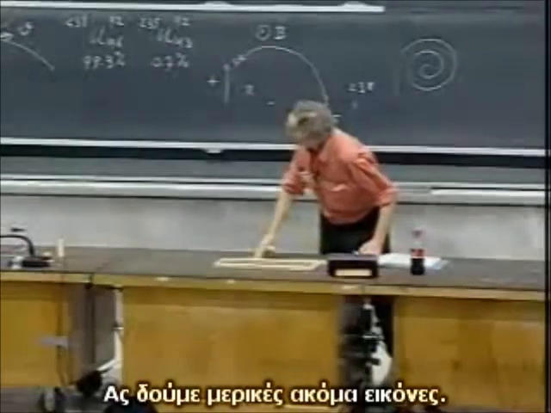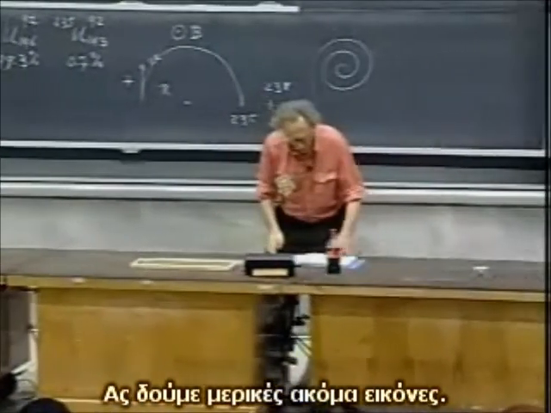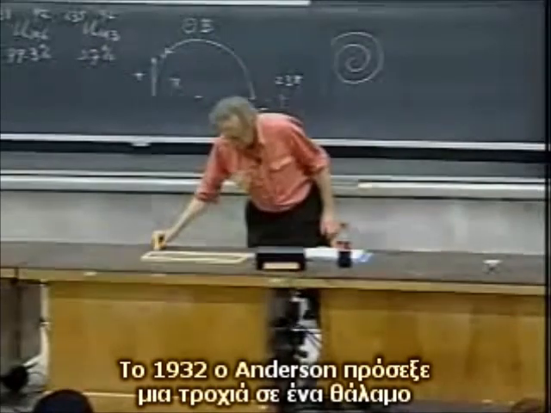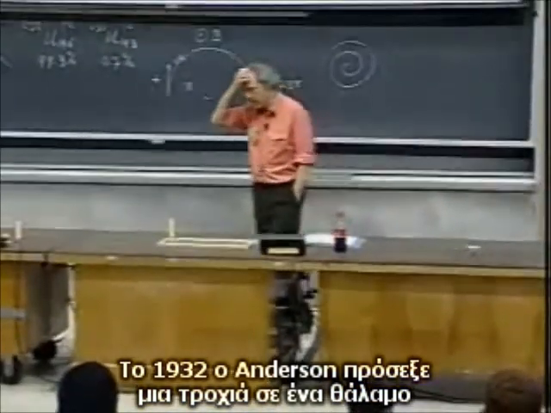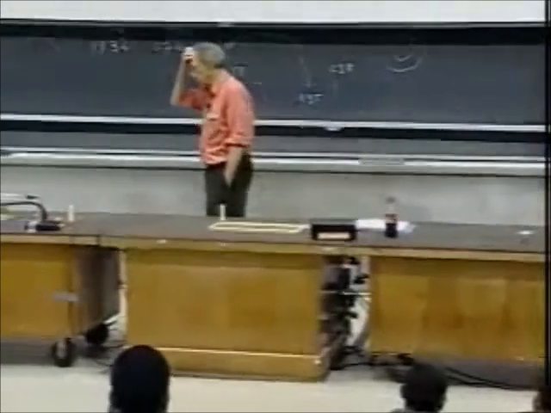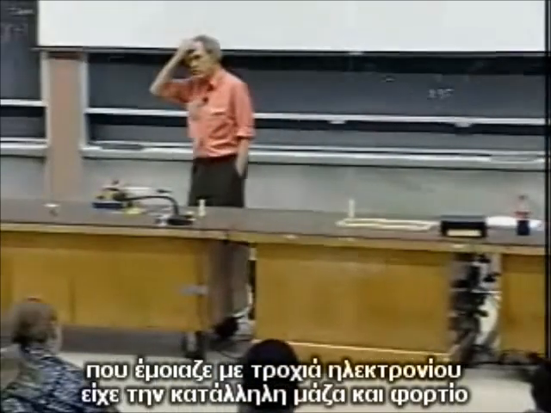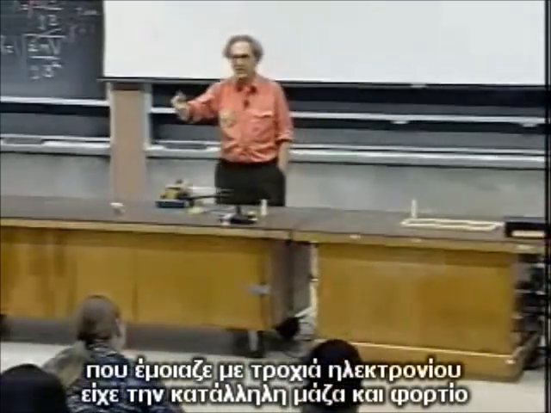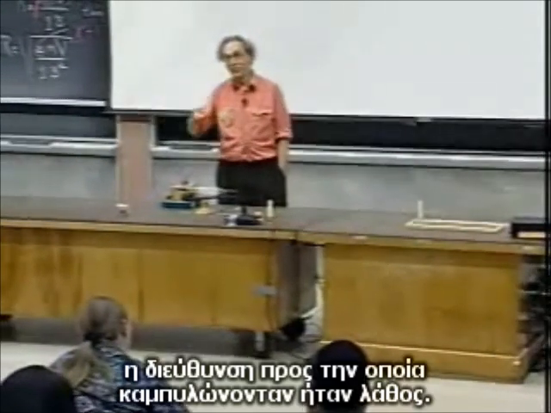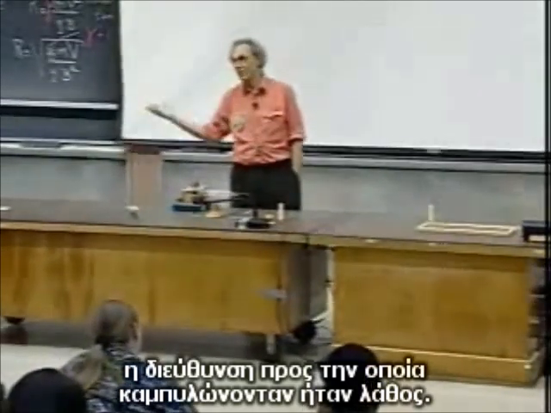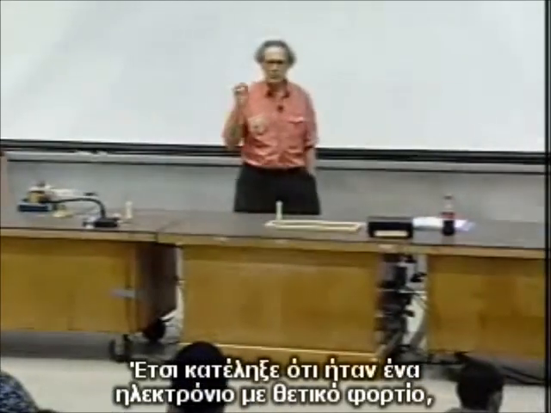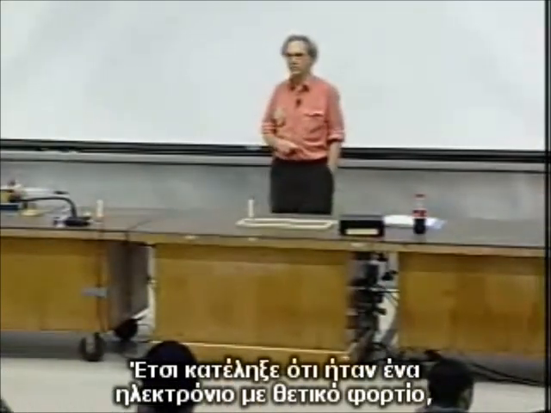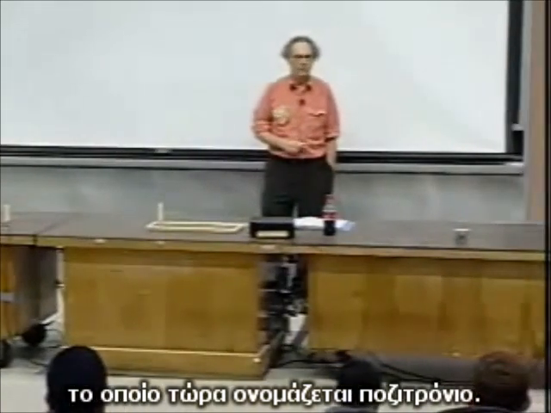So let's look at a few more slides. In 1932, Anderson noticed a track in a cloud chamber which had the appearance of an electron. It had the right mass, it had the right charge, but the direction of curvature was wrong. And so he concluded that it was an electron which was positively charged, which is now called a positron.